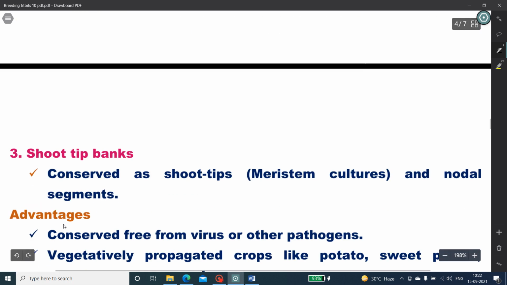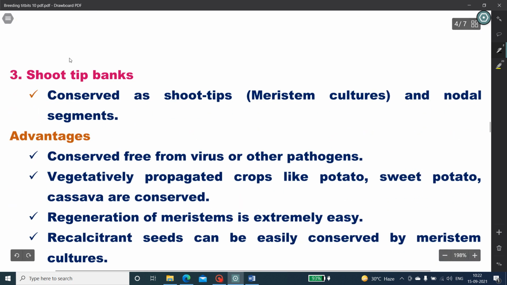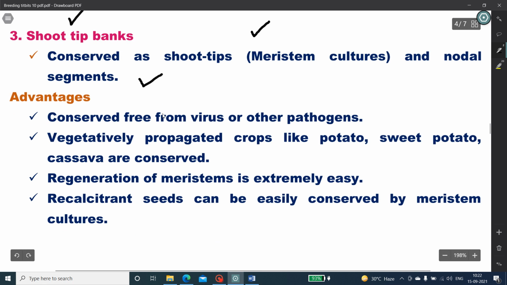And the third way is shoot tips, nothing but meristem cultures, and not only meristem but also nodal segments are being conserved. The advantage is that if you conserve the shoot tips or meristem culture, we can get virus-free and pathogen-free materials. This is mostly used for vegetatively propagated crops like potato, sweet potato, and cassava, that is tapioca.